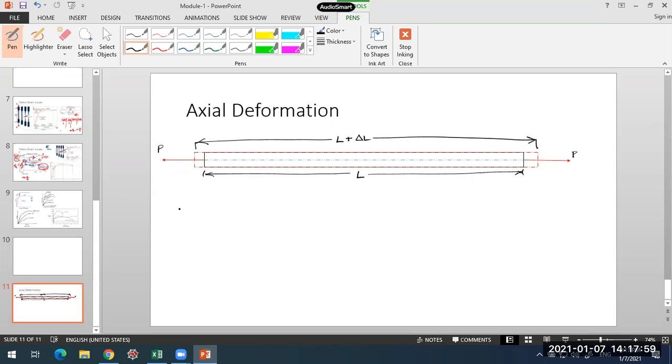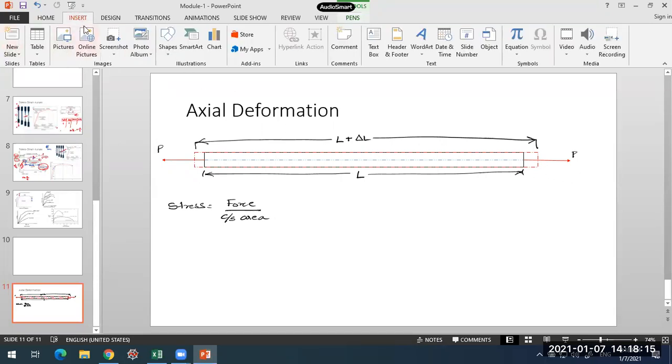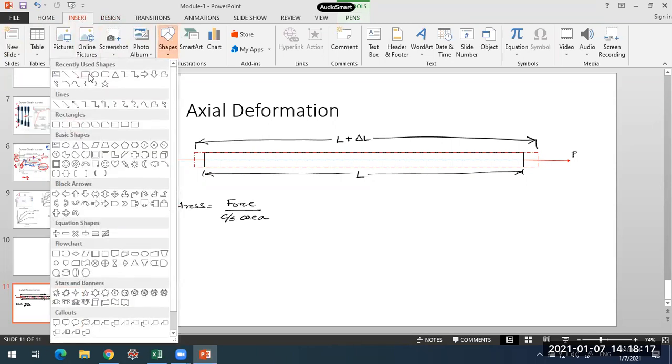Okay, so I can find out the stress here. Stress will be force divided by the cross-sectional area. Let's say it is having a circular or a rectangular cross-sectional area.